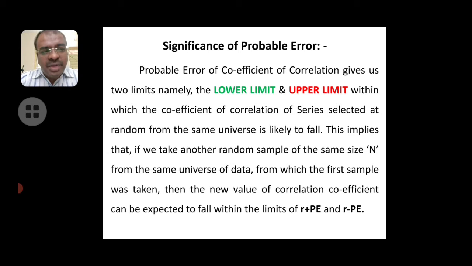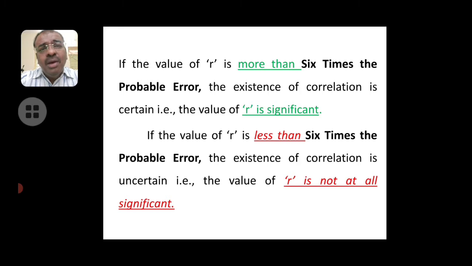So let us try to understand these while we solve 2 to 3 problems on the basis of probable error. If the value of r that we have found out is more than 6 times the probable error, the existence of correlation is certain, which means the value of r is significant and important. So the next time when we conduct the sample test, generally the values will fall between the lower limit and the upper limit.